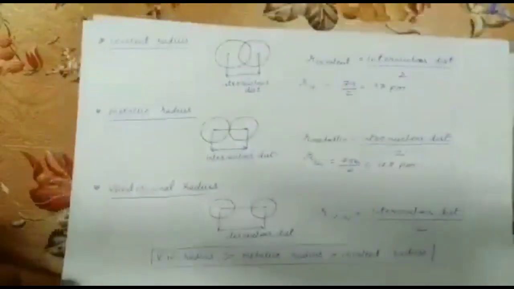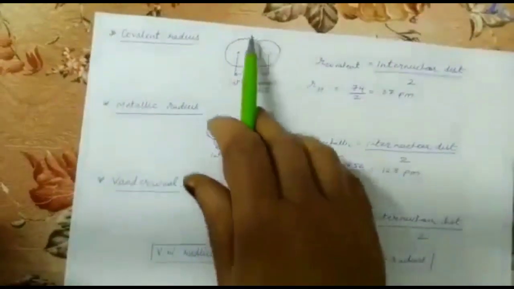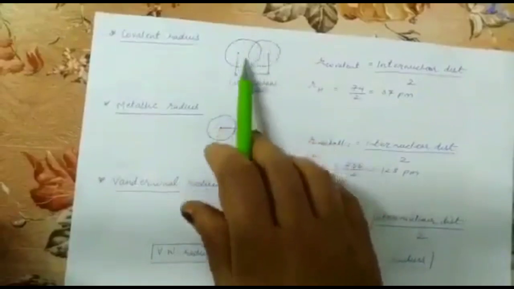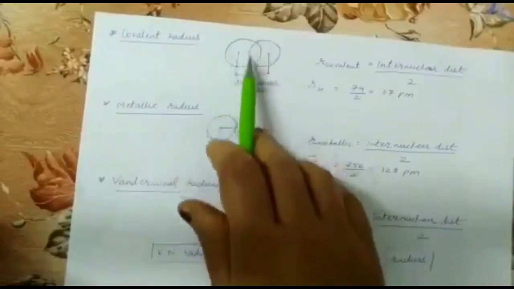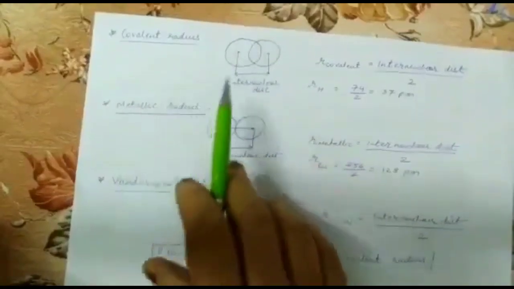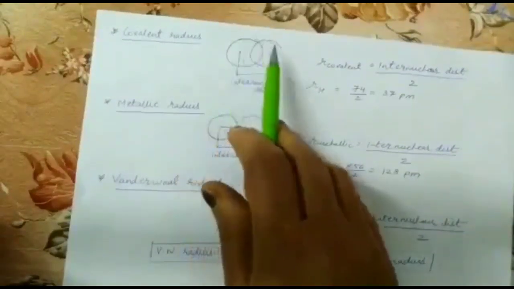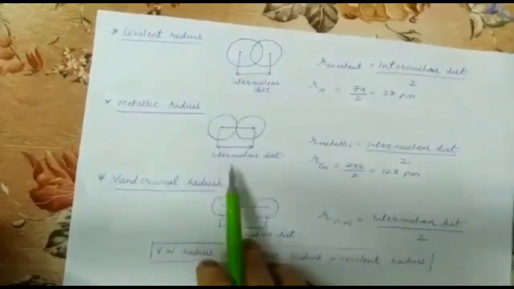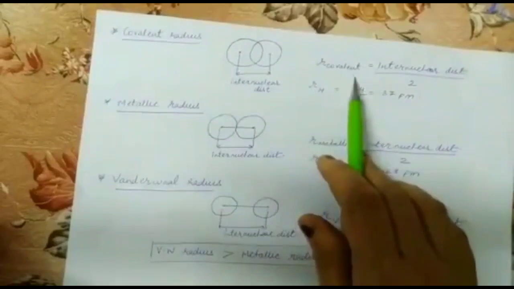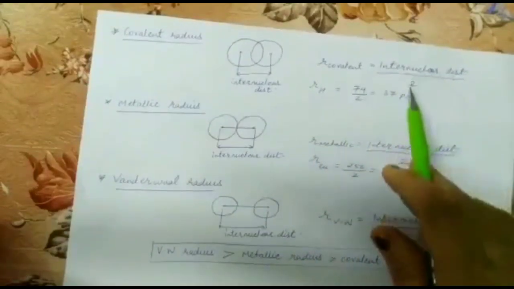Now the first is how to measure covalent radius. Now this diagram is showing covalent bonding. These are two atoms and this is a covalently bonded molecule. This is the nucleus of the first atom, this is the nucleus of the second atom, and this is the internuclear distance. Now how to measure covalent radius? It is internuclear distance divided by 2.